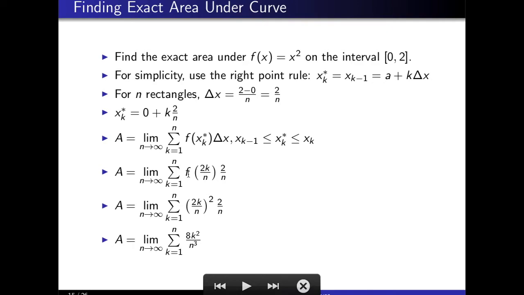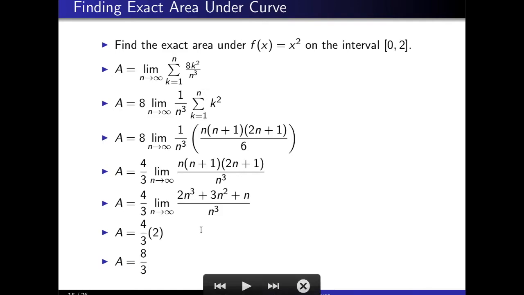Our function is x squared, so we're going to take our argument, 2k over n, and square it. And then we still have that 2 over n. And when we expand things, we'll get that A is the limit as n goes to infinity of the sum of k going from 1 to n of 8k squared over n cubed.